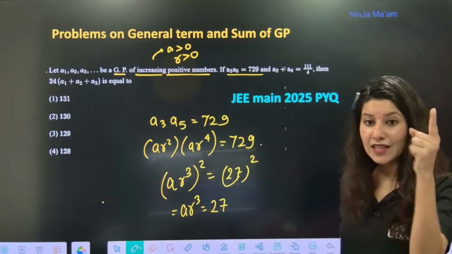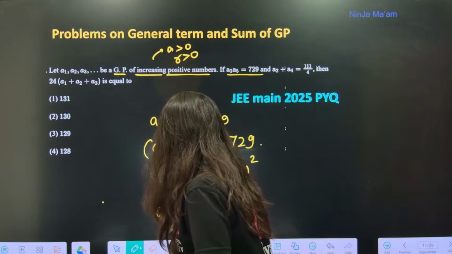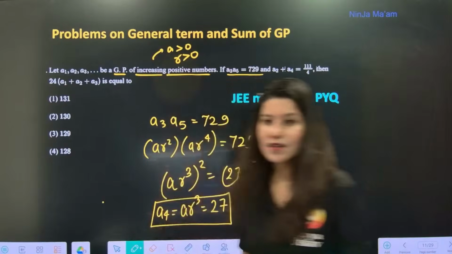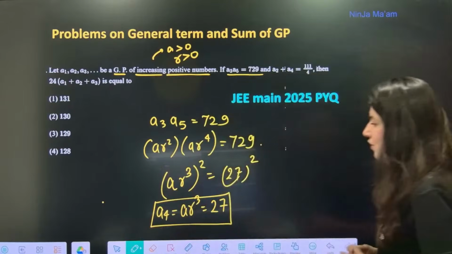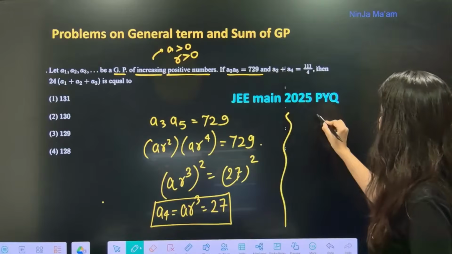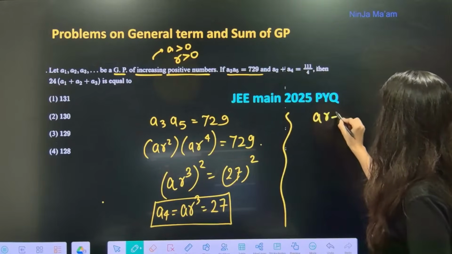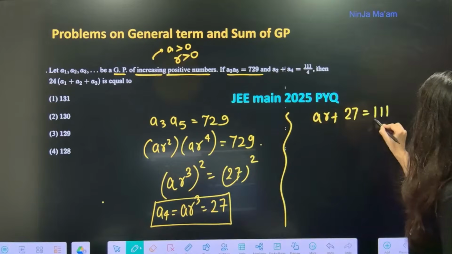By the way, think, be alert. AR cube is nothing but A4, my dear students. A4. You have calculated A4 already, which is 27. A2 plus A4. So A2 is AR and A4 is 27 is equals to 111 by 4.